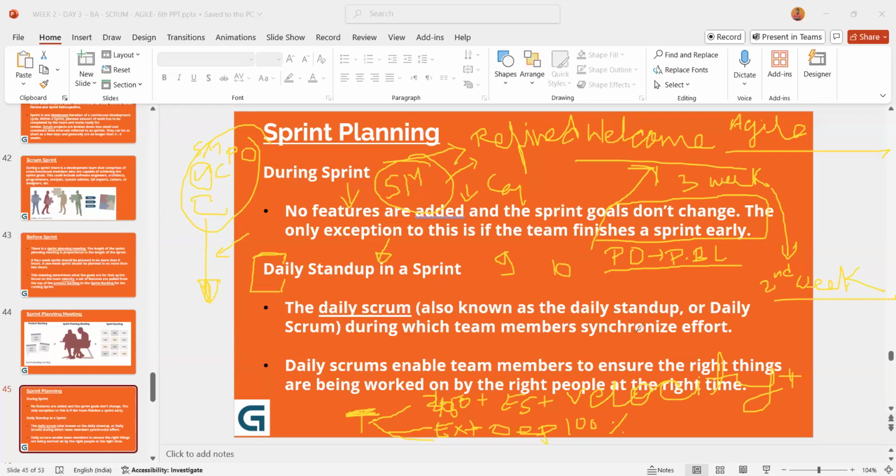If your capacity initially was 450 and now your capacity has increased because you added one resource, say for example 30 hours, one resource can contribute 30 hours. Now you can see that the new additional resource with the new user story can be clubbed together and delivered in the same sprint.